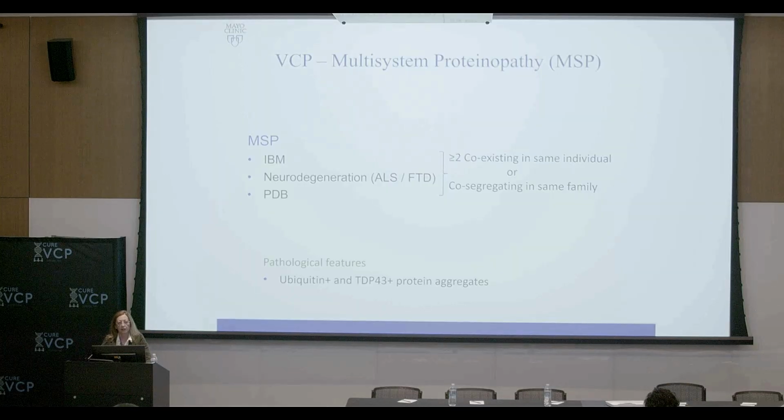Now, it turned out that this phenotype has genetic heterogeneity, and there are other genes that can lead to multisystem proteinopathy. So VCP multisystem proteinopathy became multisystem proteinopathy 1.